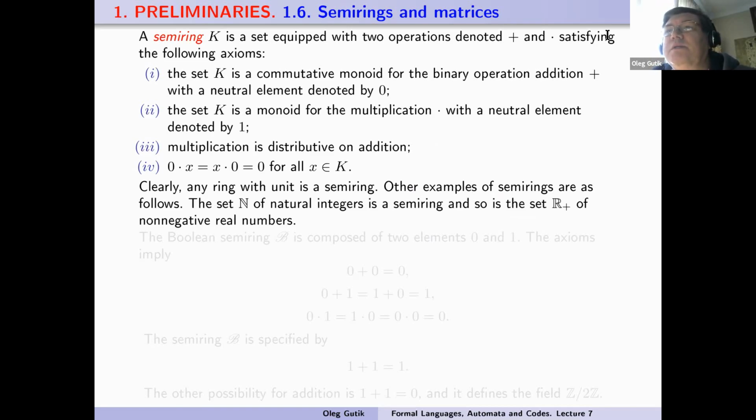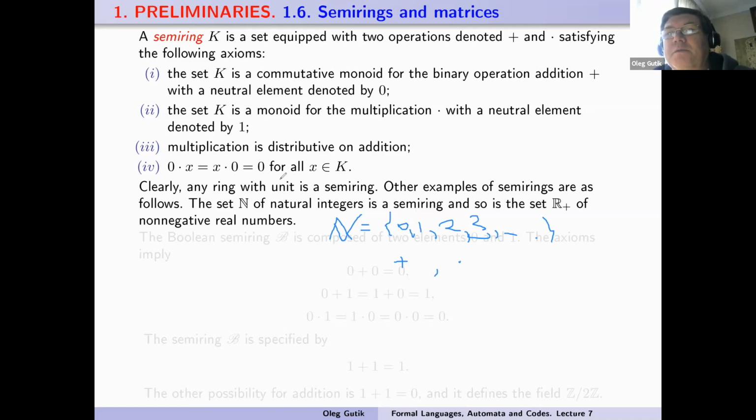If we consider the set of natural integers which consists of 0, 1, 2, 3, and so on, this set is a commutative monoid with respect to the operation of addition, and with the second operation, multiplication of natural numbers, axioms 1, 2, 3 hold, and it is easy to show that 0 multiplied by any natural number will be equal to 0.